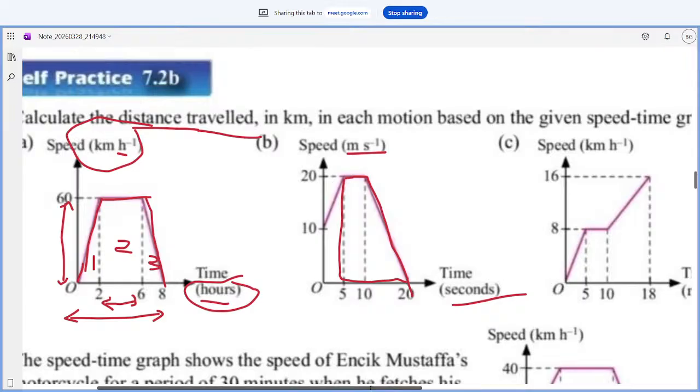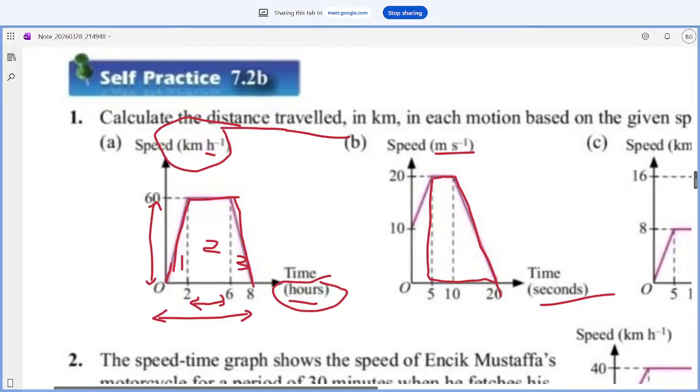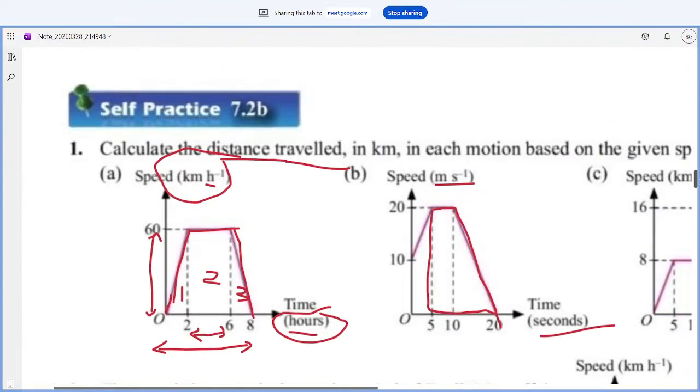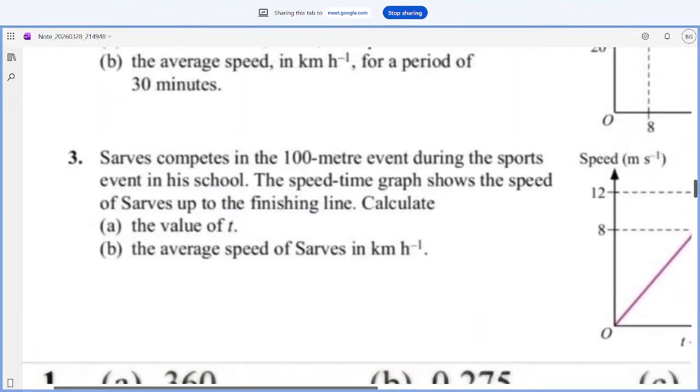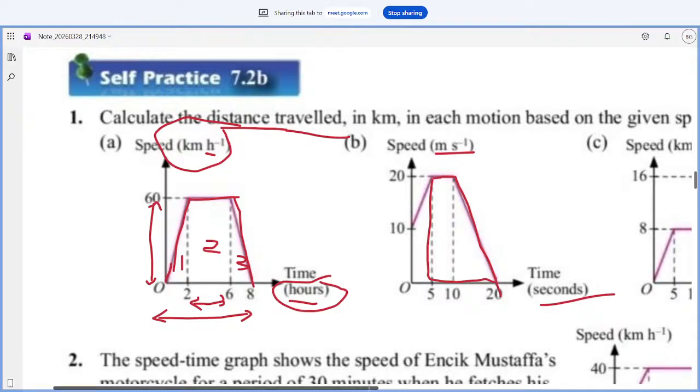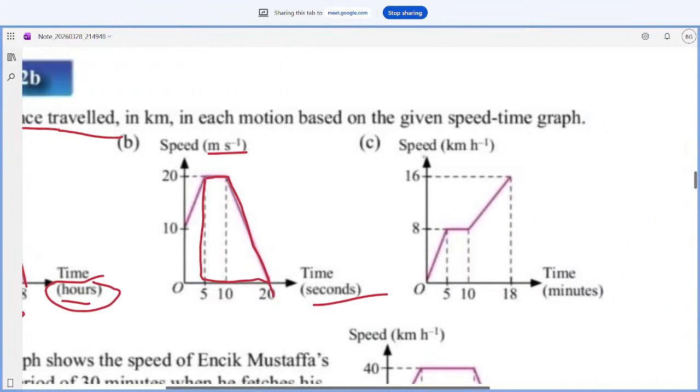Add up both of these, then you can get the final answer. You should get 275 meters. This one is meter. Simple, right? Usually they won't give weird shapes, guys. They will only give shapes like this. Easy. Very straightforward.